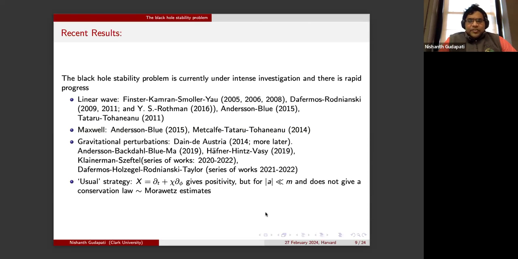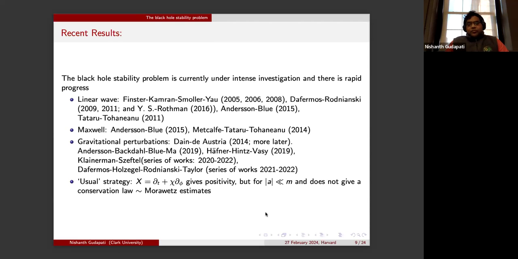Since we're on the topic of listing the past works, let me briefly go through some results there. So early results were on the linear wave equation, initially for small angular momentum, and the later results were due to rapidly rotating. And so one point that is perhaps relevant to mention here is that as the angular momentum increases, the effects of the ergo region become stronger and stronger.